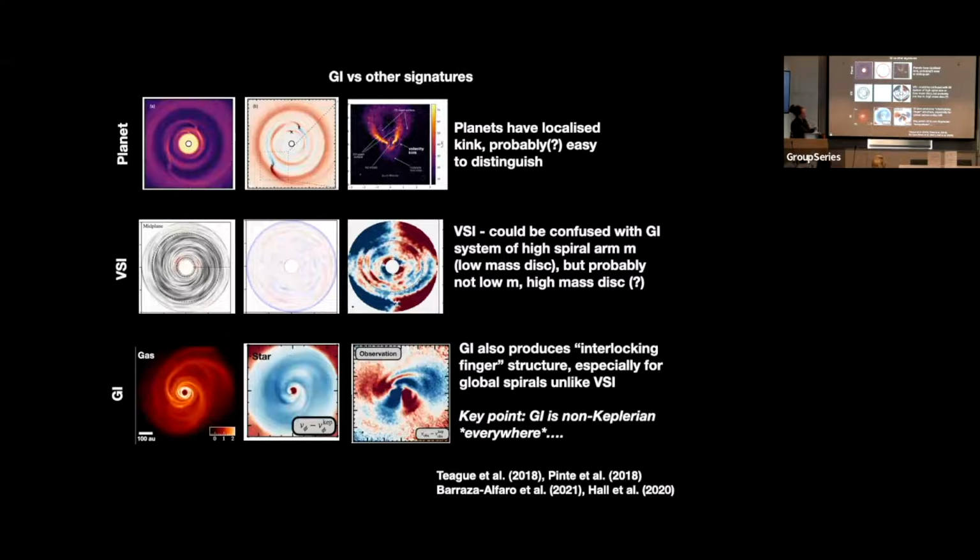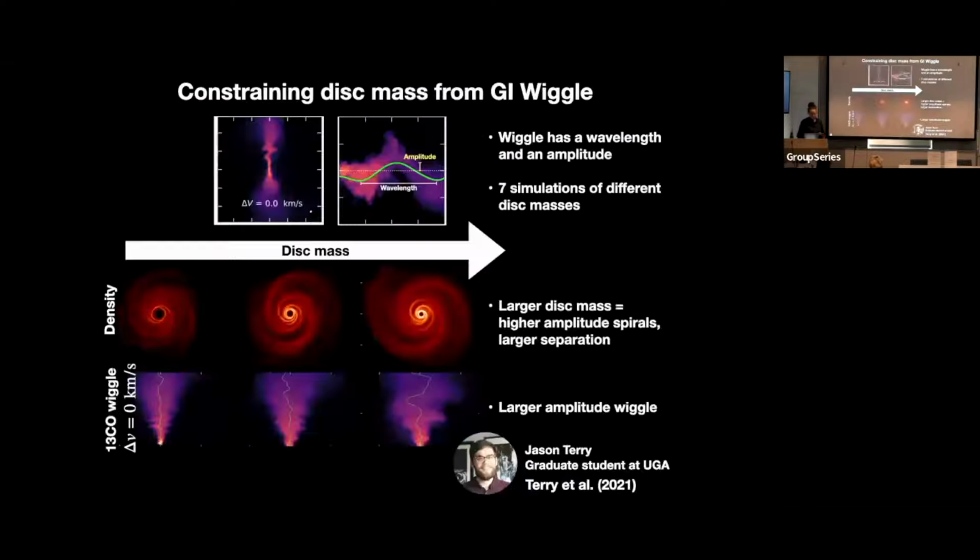GI also produces this quite dramatic, distinctive interlocking finger structure, which is not really the same as in the VSI. But one of the key points is GI is very non-Keplerian everywhere. A GI disk is basically super-Keplerian because it has a significant contribution to the gravitational potential from the disk's self-gravity. So we can take advantage of this by looking at rotation curves, which we'll do in a second.